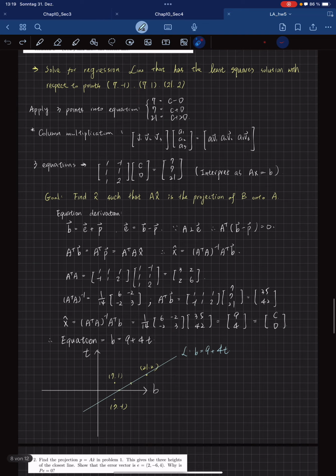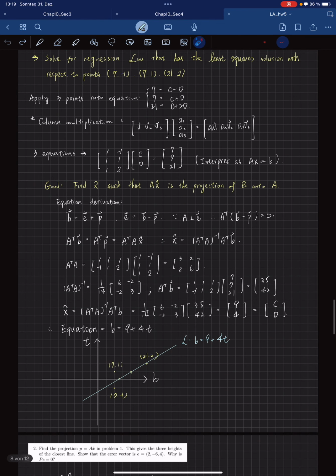Since we know about column multiplication, given 3 vectors in a matrix form, and then another vector, if we multiply these two together, we'd get A1 times the first row, A2 times the second row, and A3 times the third row.